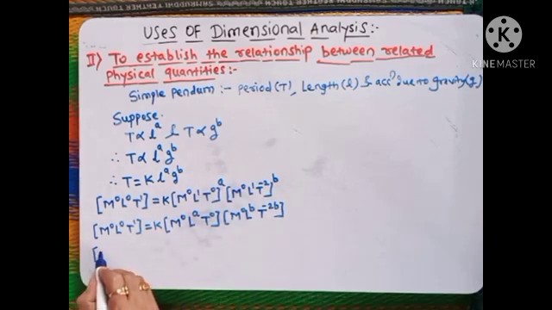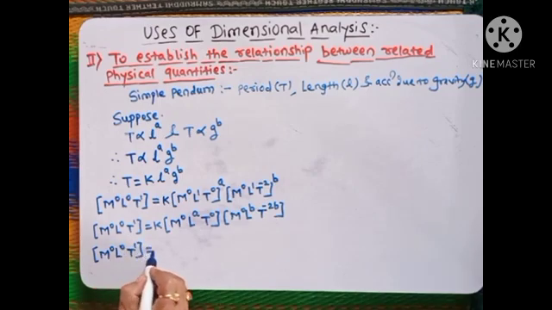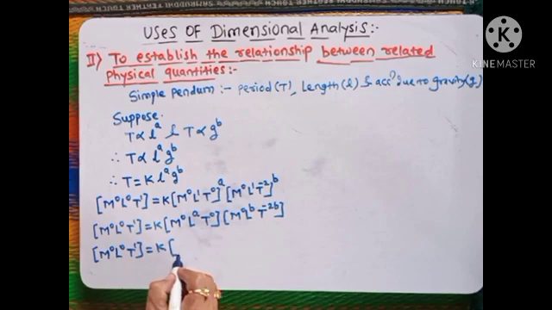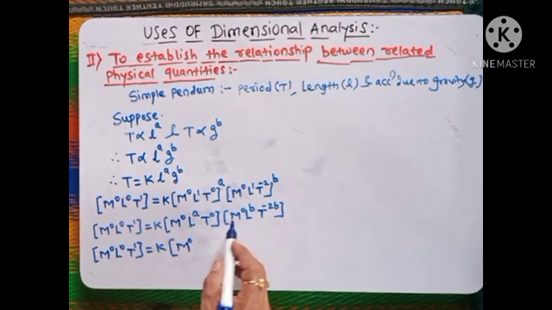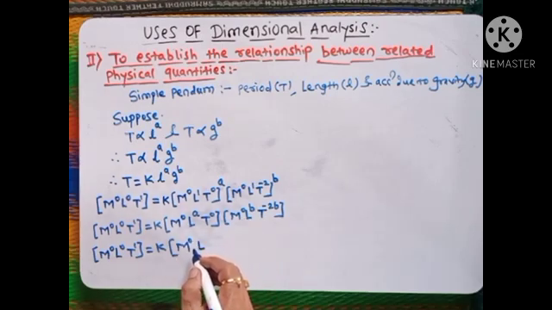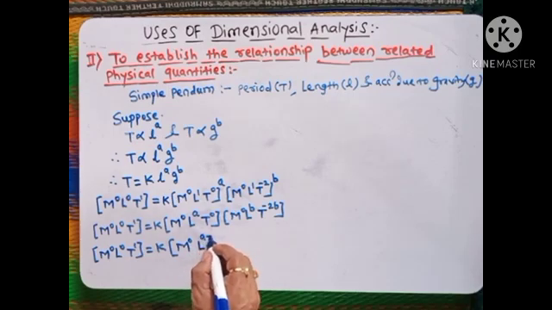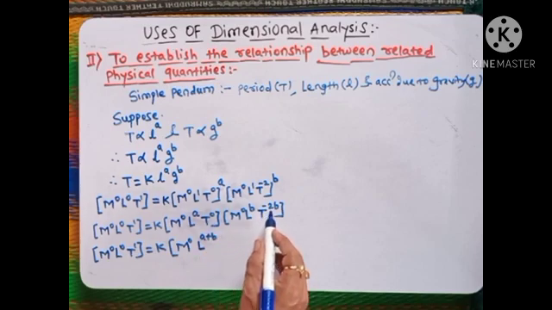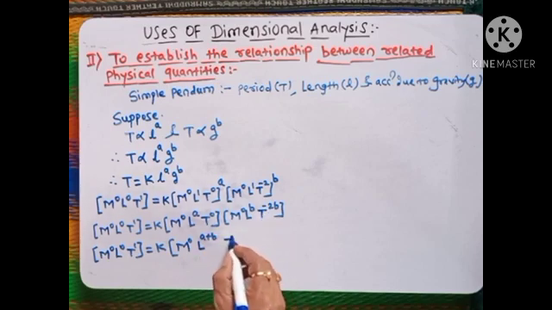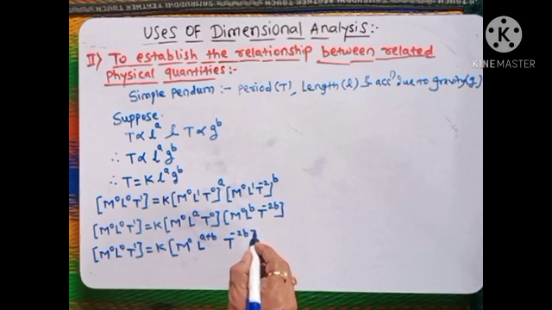Therefore, I will write here M0 L0 T1 equal to K as it is, then M0, I will write only M0, L raised to A, L raised to B, I can write L raised to A plus B, and T raised to 0 and T raised to minus 2B, I will write T raised to only minus 2B.